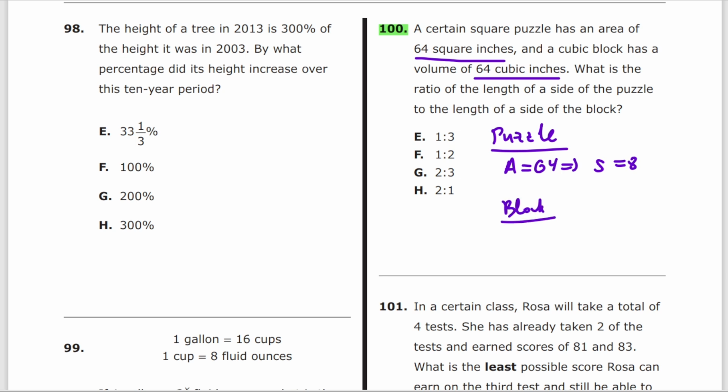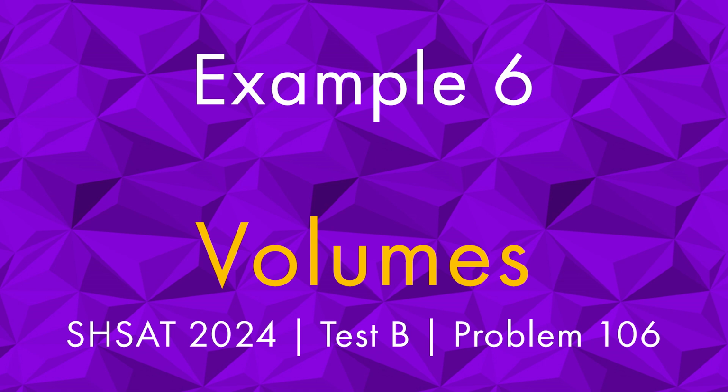For the block, we got the volume to be equal to 64. Hence, the side is equal to 4. Now, for the ratio of the puzzle to the block, it's 8 to 4, or 2 to 1.